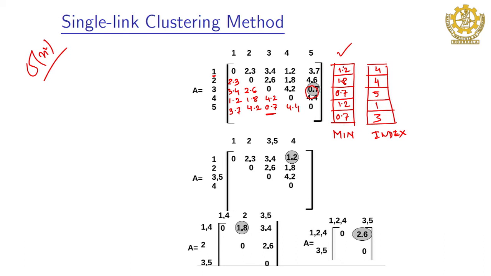So, we will start searching from here, where is the minimum? So, the minimum is here, and we will see this minimum appeared with 3, right, with the third row, and then we will get the two clusters, 3 will merge with 5. So, we got that 3 and 5th should be merged.